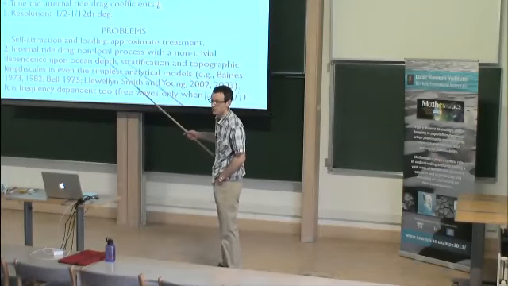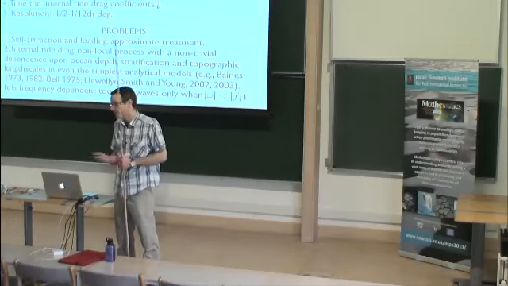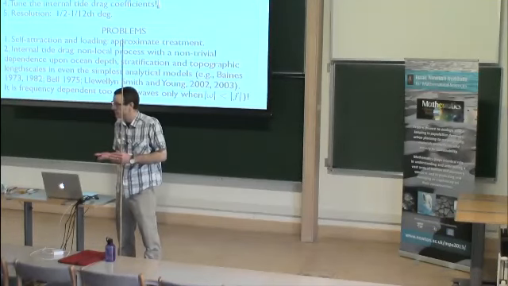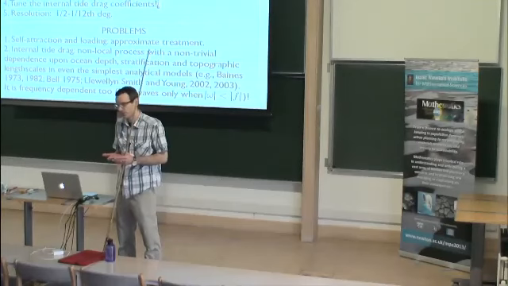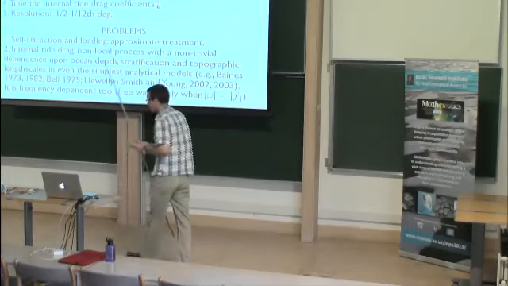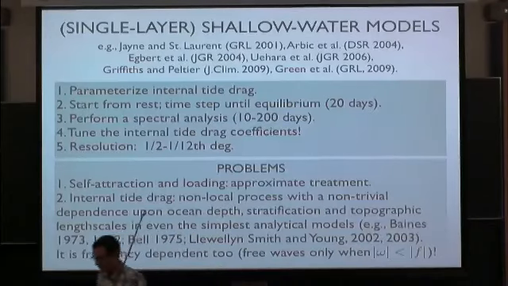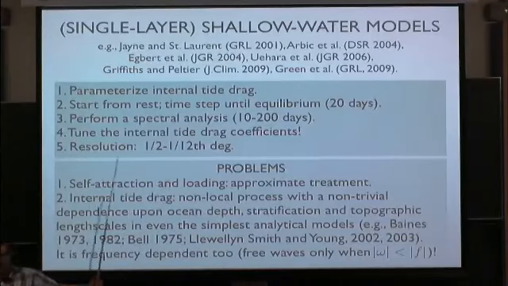It's a parameterization. And a parameterization of bottom drag is one thing because that's a sort of local process, and you can see or feel why the amount of drag might be very strongly linked to the velocity at a particular location. Internal tide drag, it's a process which is to do with the shape of the slope. So it's non-local.